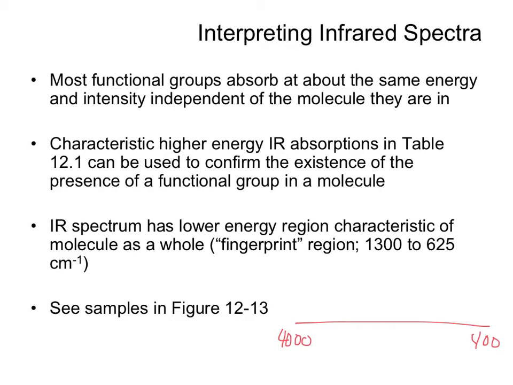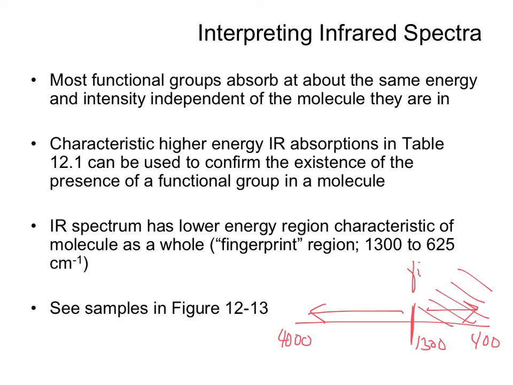And so these are going to be present in any organic compound. So usually till about 1300, we don't pay too much attention to what's going on the right hand side of that, but rather what is present on the left hand side of that. That is what we are interested in, because this section is going to be present in all organic molecules.